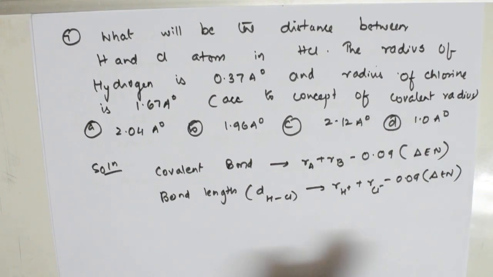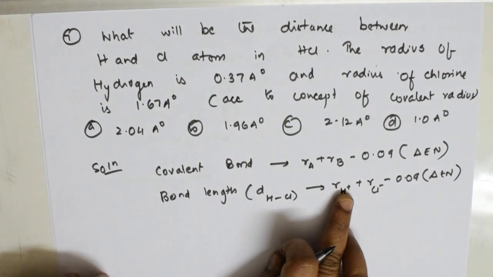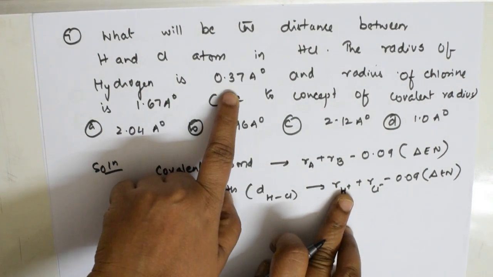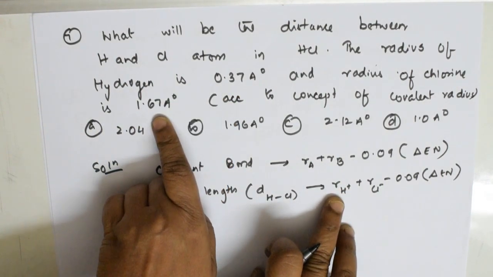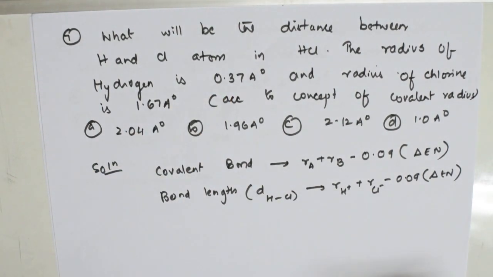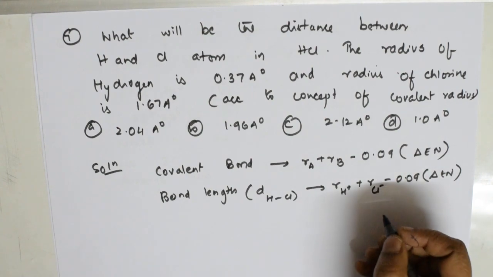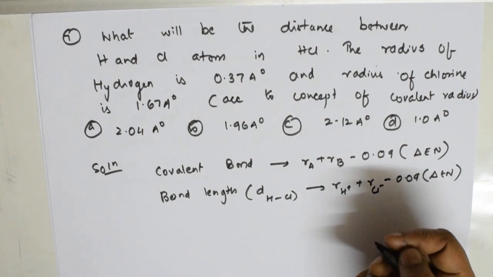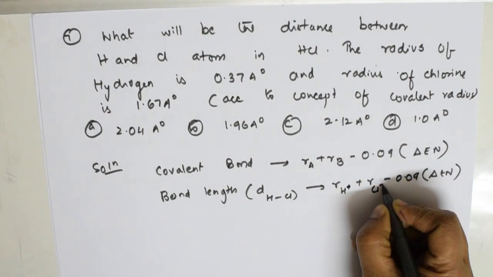Now further, if you solve this, the radius of hydrogen and the radius of chlorine are both given here. I should write hydrogen atom only, not ions.